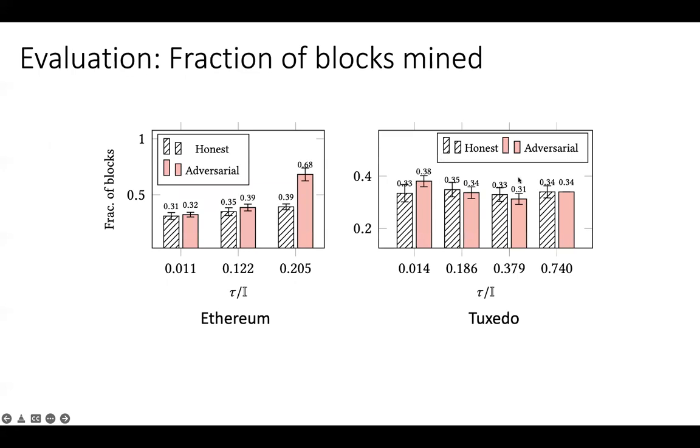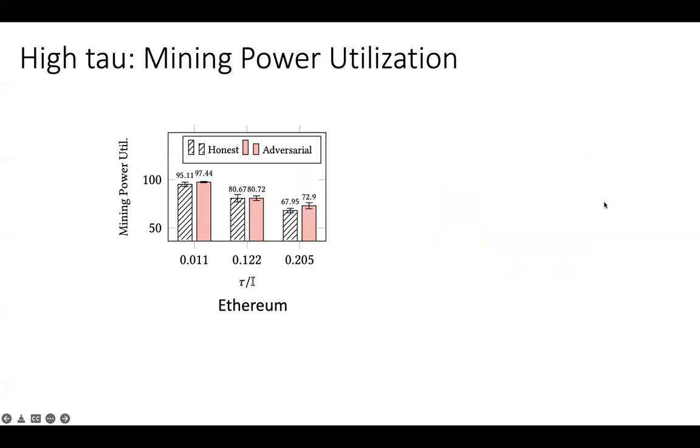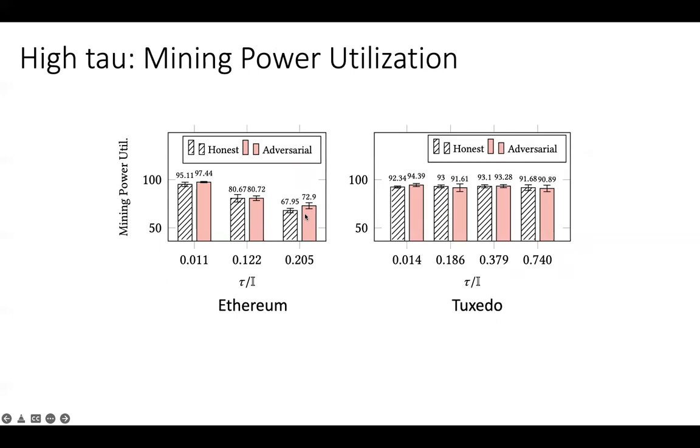Whereas in Tuxedo, we saw that if a miner controls 33% of the mining power, independent of zeta, the miner mines the same fraction of blocks, which is proportional to its mining power. We also see that while in Ethereum, with higher tau by i, the mining power utilization decreases, it remains the same in Tuxedo.